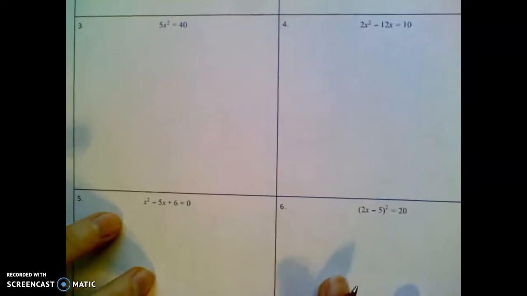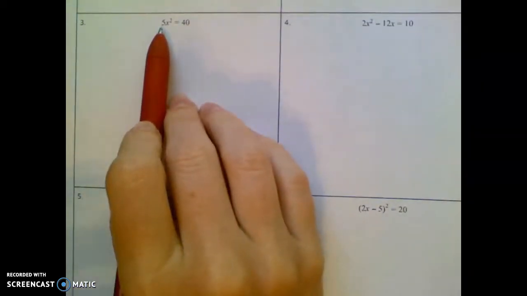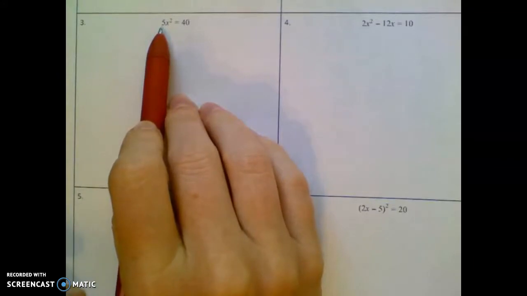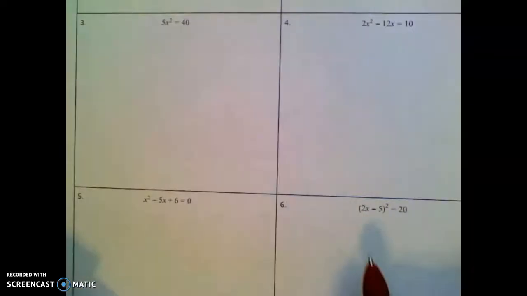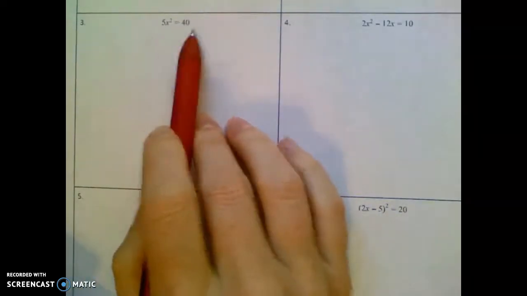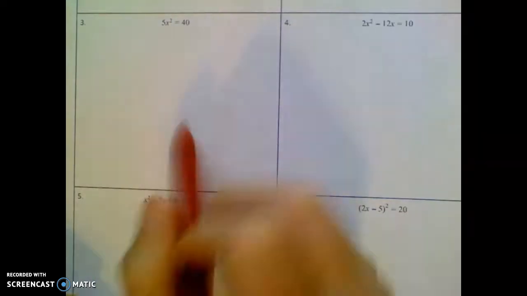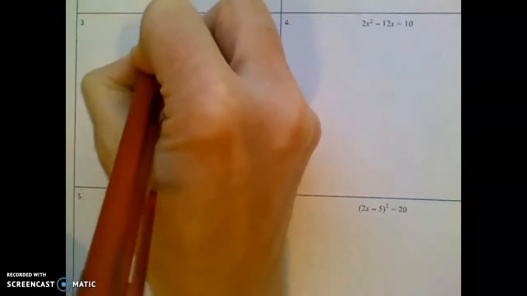All right, we got 4 minutes. We can make it. All right, this one here. Again, I would always check for square root method first, just because it's the easiest to spot, and it's spottable by having either parentheses, like this guy's clearly square root method, or you're missing the x term. So, oh, this guy's missing his x term, so I would do the square root method, and I'm going to do that by dividing both sides by 5.